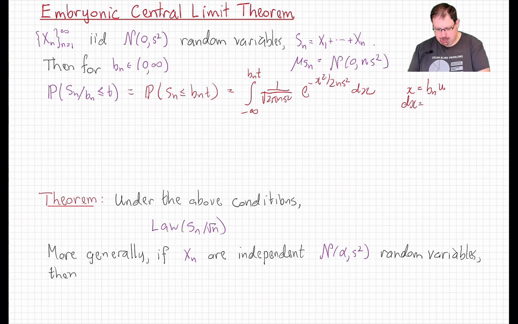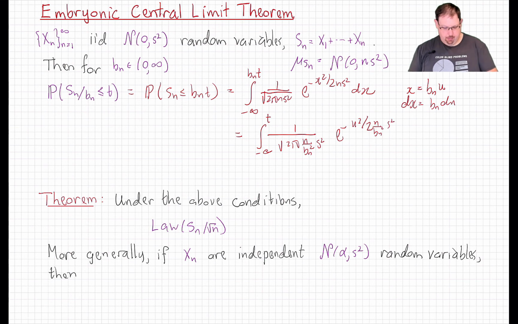That means that dx is bn times du, and after we successfully do that change of variables, this will become the integral up to t, and substituting in u equal to x over bn and simplifying, what we'll get inside here is 1 over the square root of 2 pi n over bn squared, s squared, e to the minus u squared over 2n over bn squared, s squared, du.